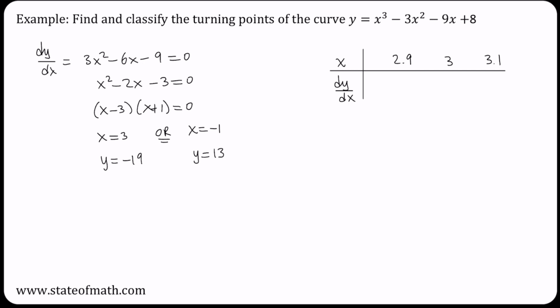When x is 3, dy/dx is 0. When x is 2.9, it is minus 1.17, and when x is 3.1, it is 1.23. So we're going downhill, then 0, then uphill. So this corresponds to a minimum point, and therefore I conclude that the point (3, minus 19) is a minimum point.